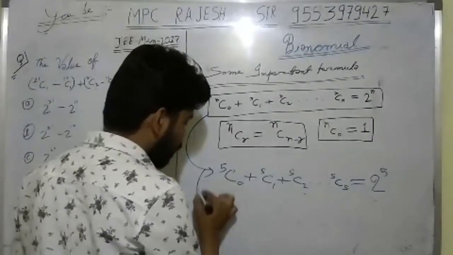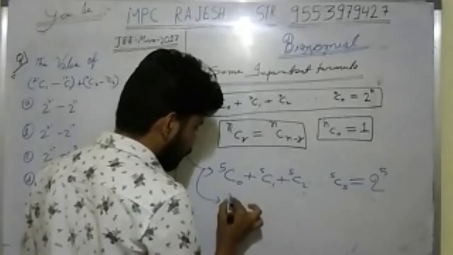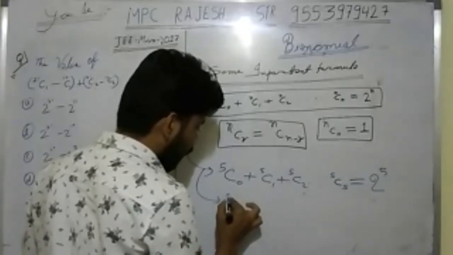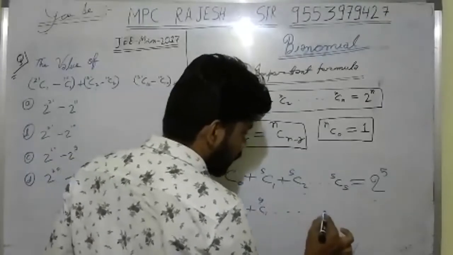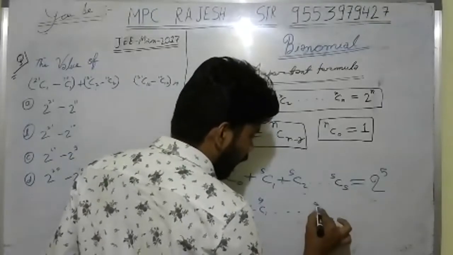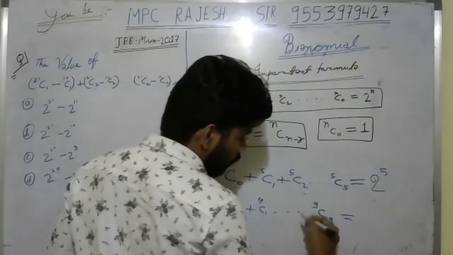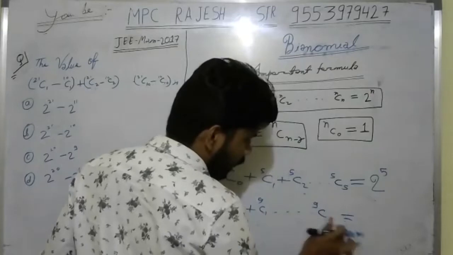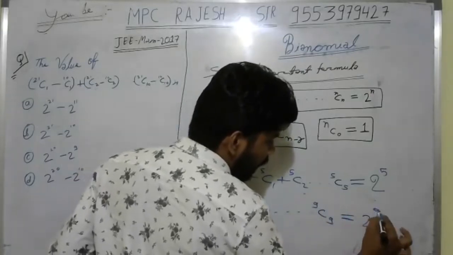Similarly, we take another example: C(9,0) plus C(9,1) up to C(9,9). The lower number runs 0, 1, 2, 3, 4 up to 9, so it is equal to 2 to the power 9.